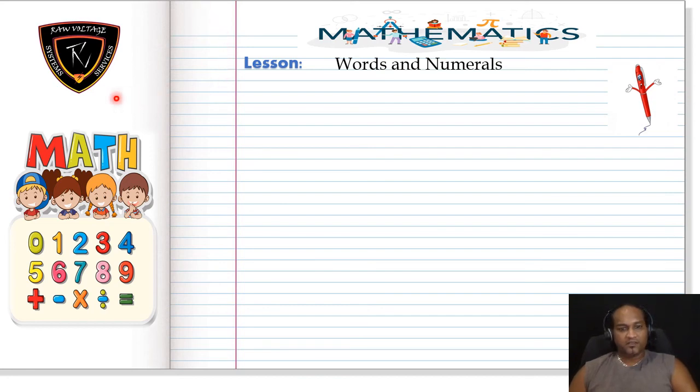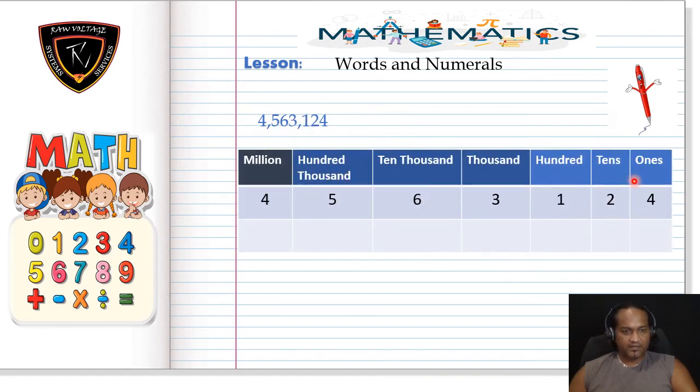So if you are given another number, 4563124, it can be confusing at times. However, we have the chart. So all we do is draw up the chart and put in the digits: 4, 5, 6, 3, 1, 2, 4.